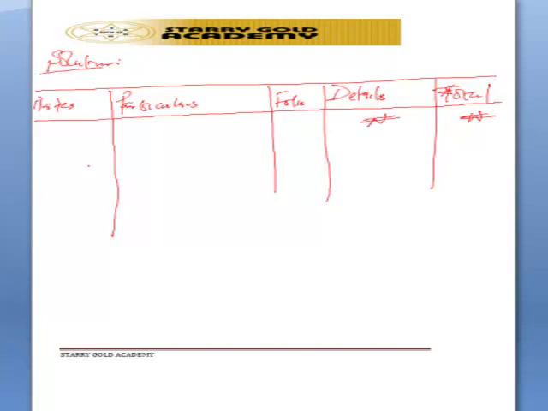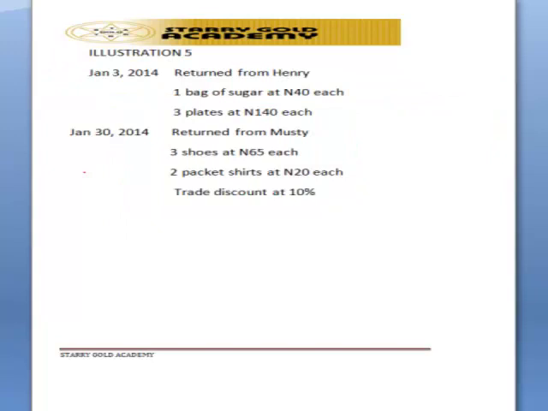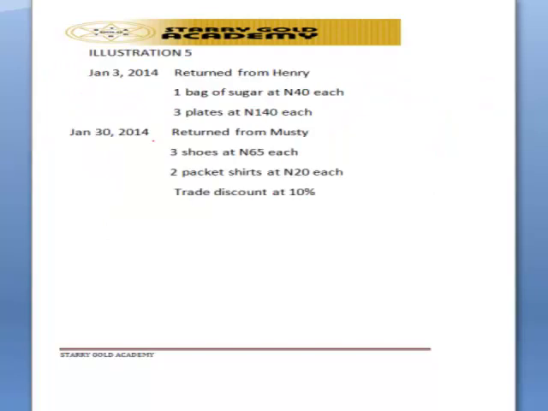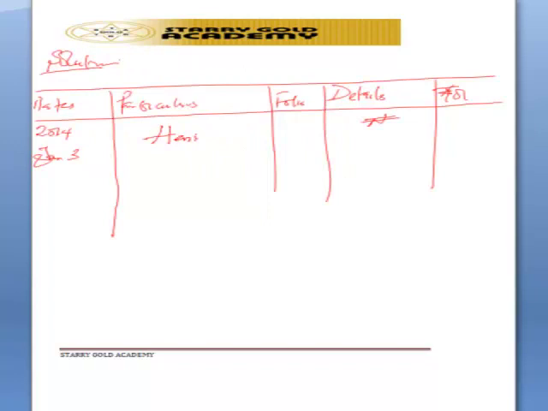Okay, let's start with the question. The year is 2014, January 3rd, and the first customer we're dealing with is Henry, and here we have one bag of sugar at 14 naira each. So that will give us 1 times 40, that is 40. Then 3 plates at 140 each.